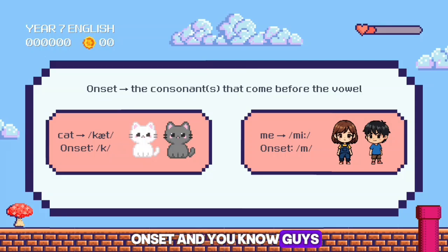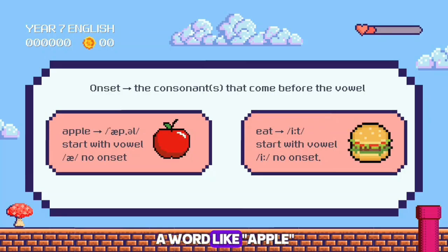And guys, not every word starts with a consonant. Some words begin right away with a vowel sound, and when that happens, it means the syllable has no onset. So, if you take a word like apple, it starts directly with the vowel a.